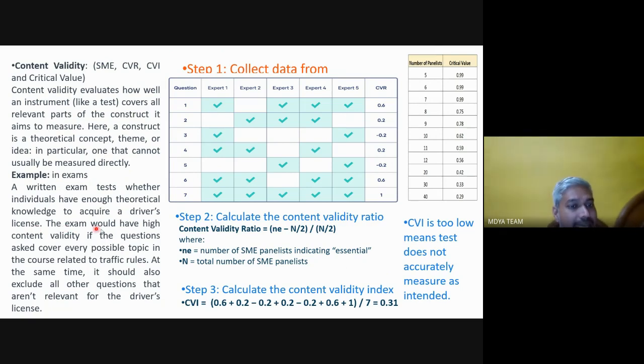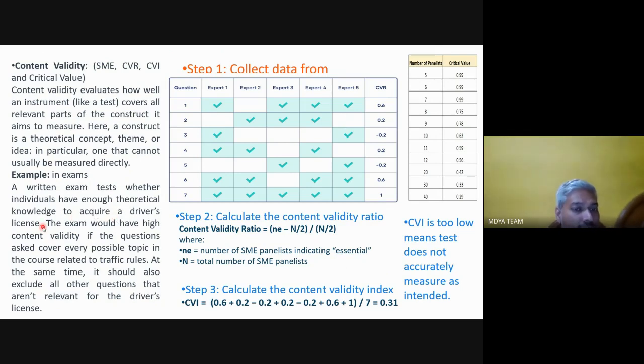The exam would have high content validity if the questions asked cover every possible topic in the course related to traffic rules. At the same time, it should also exclude all other questions that are not relevant for the driver license.